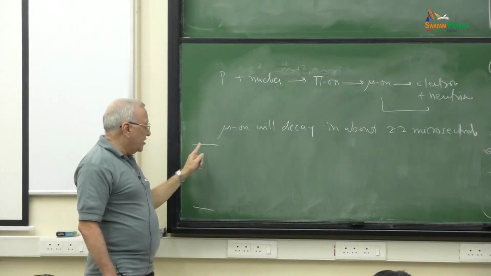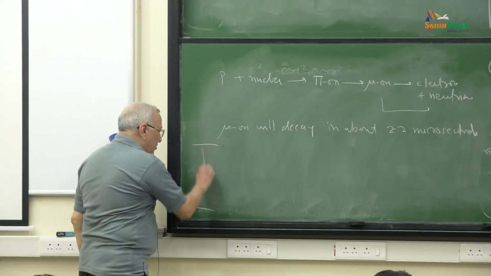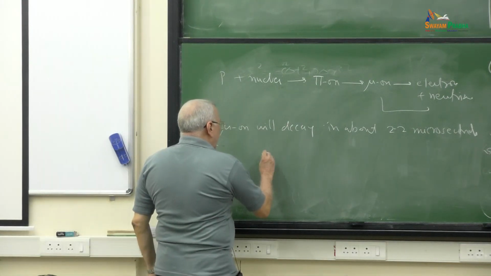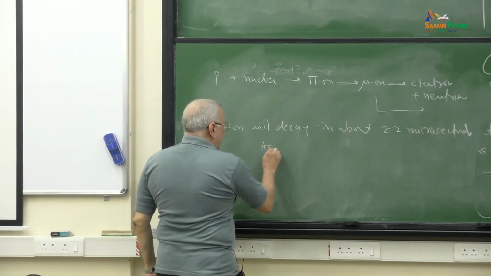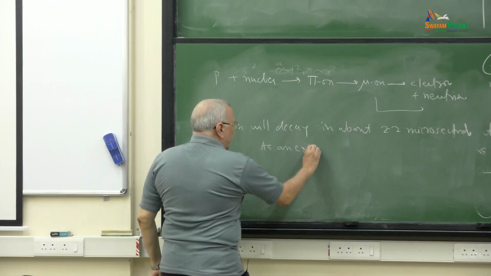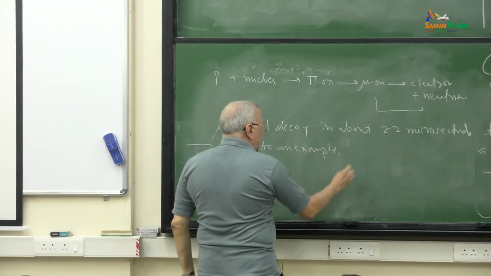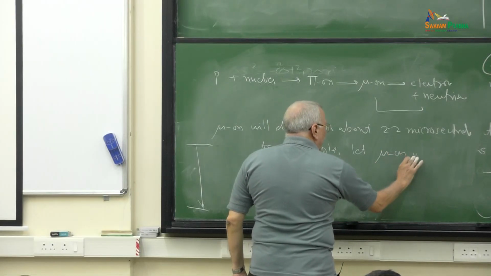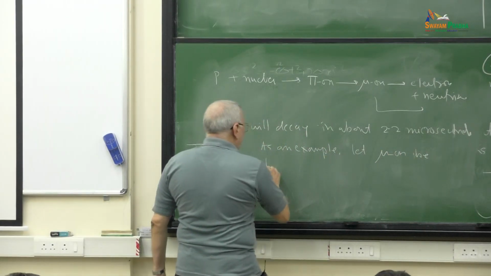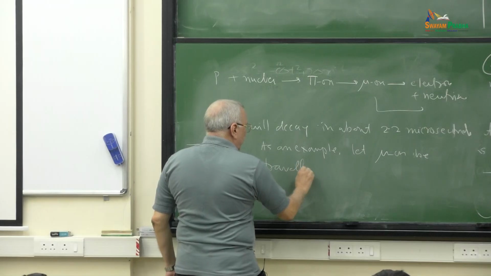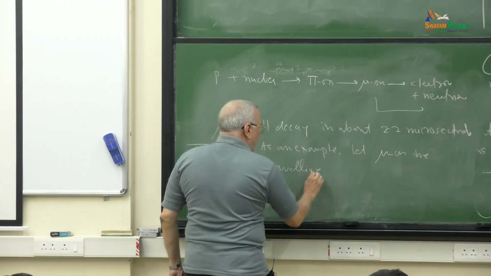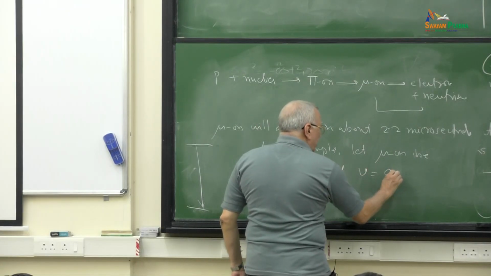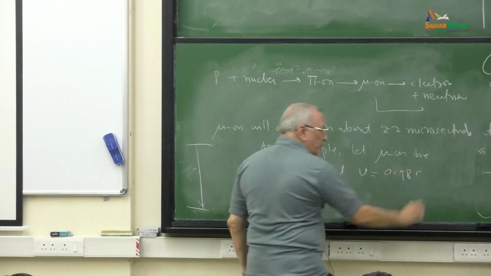Now ask the question, if a muon is coming down here with some speed v. As an example, let the muon be traveling at v equal to 0.98 times the speed of light.